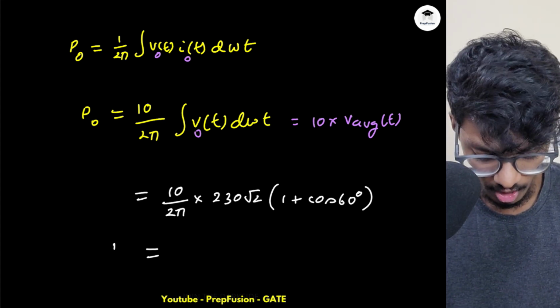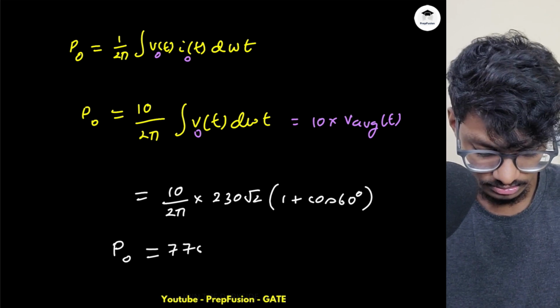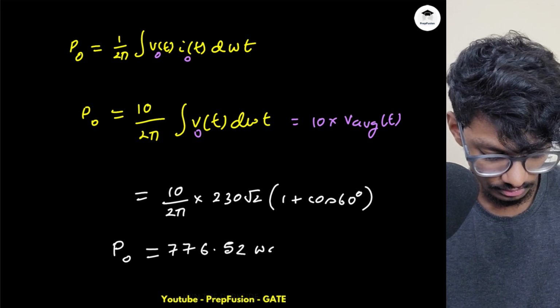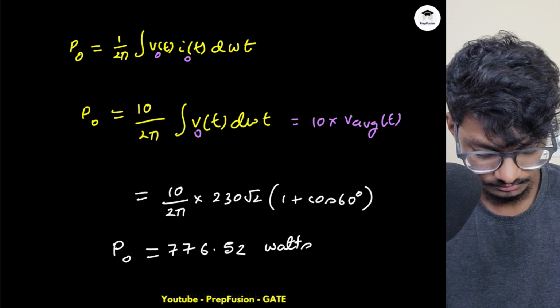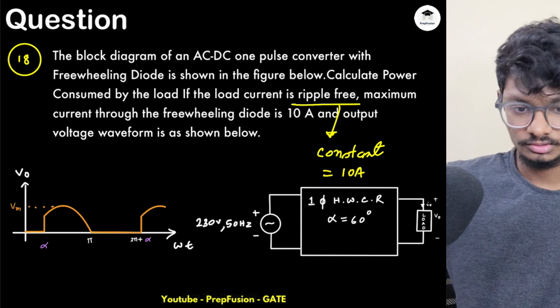So my output power, the power dissipated by the load, will be 776.52 watts. This will be the answer to this question.